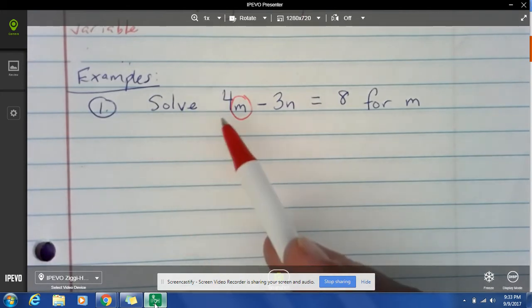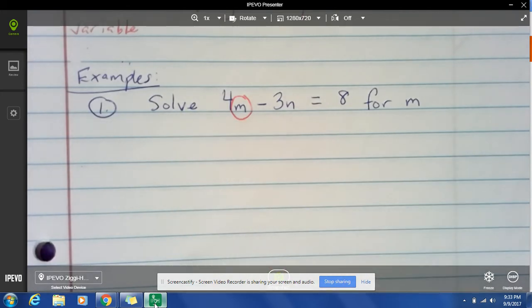If we look on the left, 4m minus 3n, those are not like terms, so we can't combine them. And 8 is obviously simplified, so both of these sides are simplified, so we do not need to do that. The next thing would be to see if the variable that we're solving for is on both sides, and it's not. The m is only on one side.